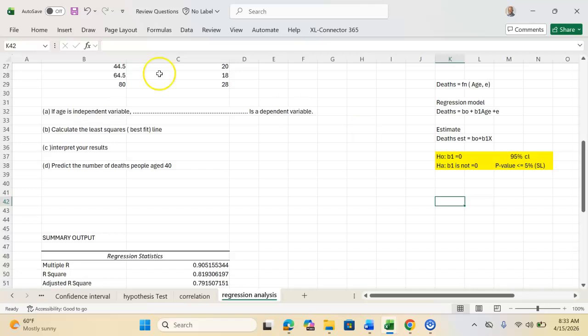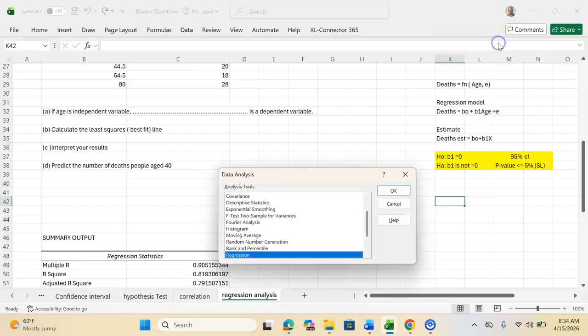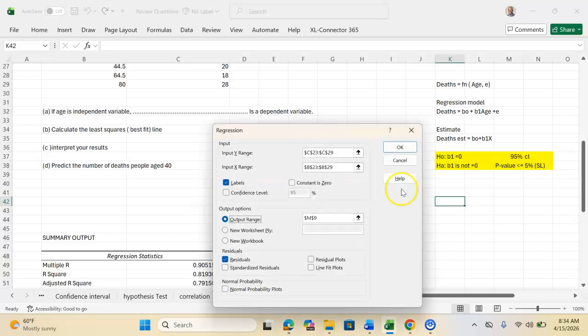If you're using a Mac, find Tools on the ribbon at the top, click Tools, scroll down to Excel Add-ins, and check the box for Data Analysis. Then come back, click on Data, open Data Analysis, select Regression, and click OK.